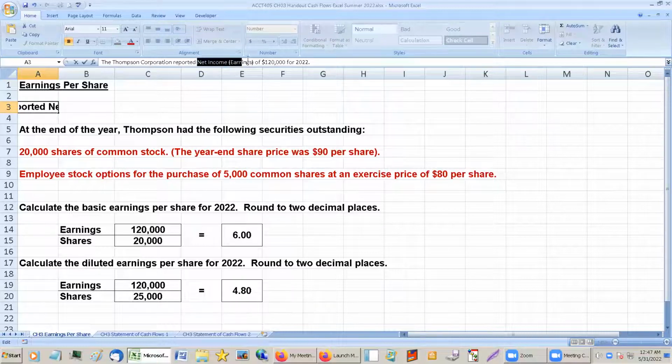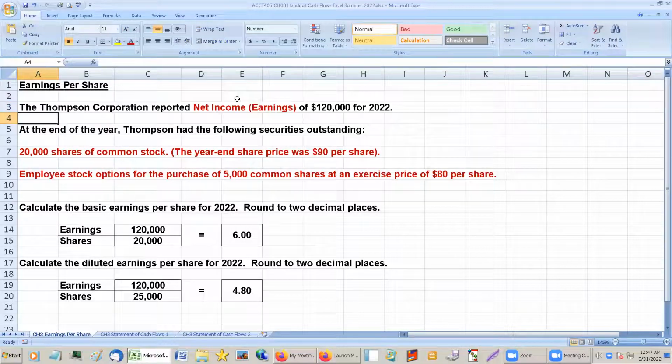Net income and earnings are the same thing. So whenever you see net income or earnings, it's the same thing. Sometimes you see it called net earnings.